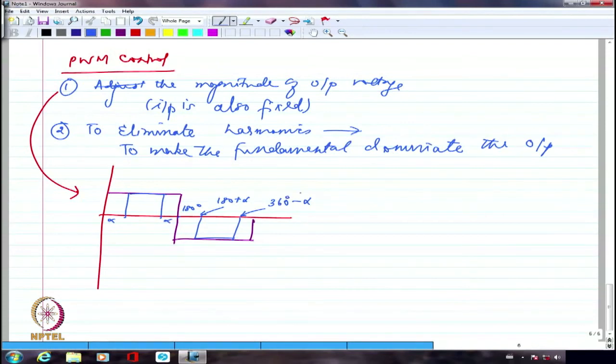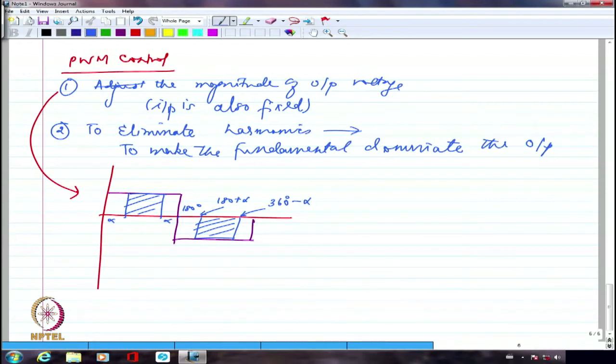So I should try to place the pulse in such a way that it is symmetrically placed whenever I look at any half cycle as such. And the other half cycle is exactly symmetrical as compared to the previous one. This will ensure that I am not going to have, first of all, DC component, and also my fundamental will not be shifted with respect to the original square wave I have taken.